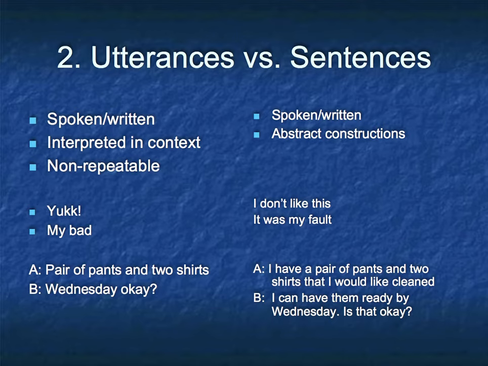Griffiths makes the point that the distinction is not between spoken and written, but between something which is real and something which is abstract. An utterance, according to Griffiths, can be either spoken or written. It's interpreted in context. Perhaps the most difficult thing to get your head around is that it's non-repeatable, because context is always changing.